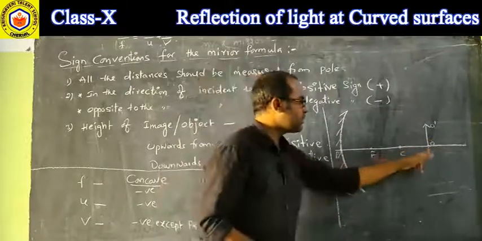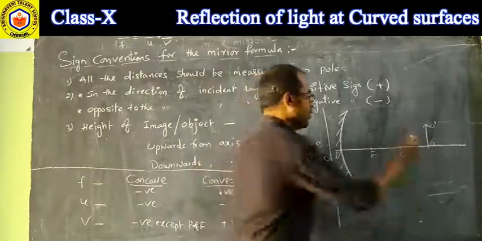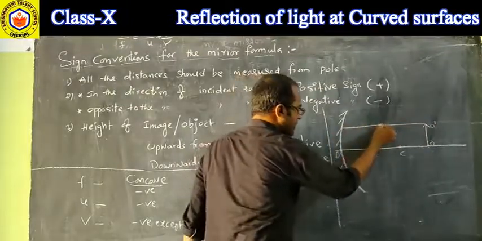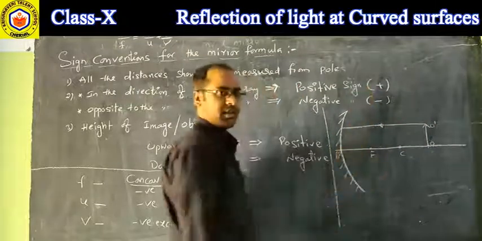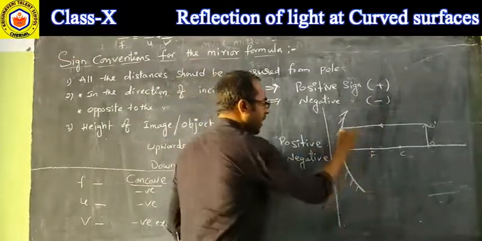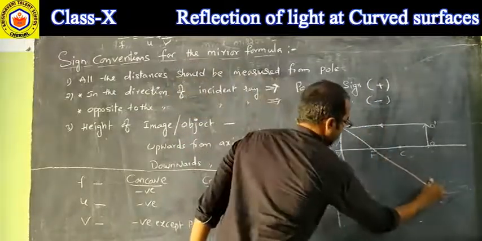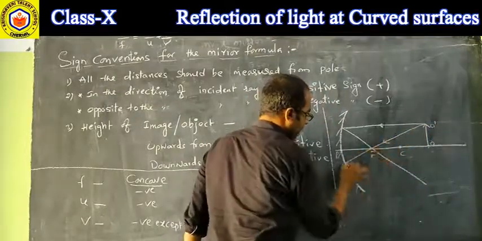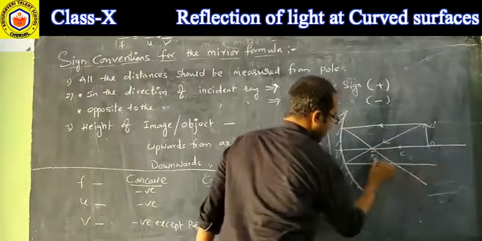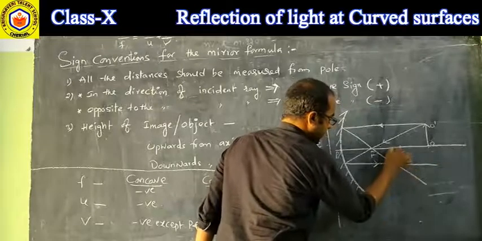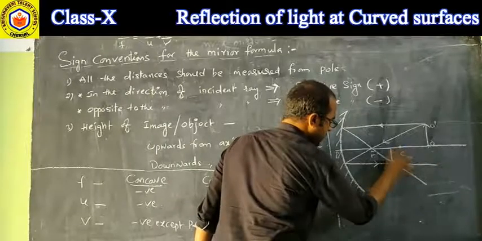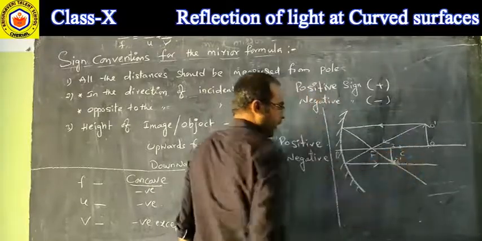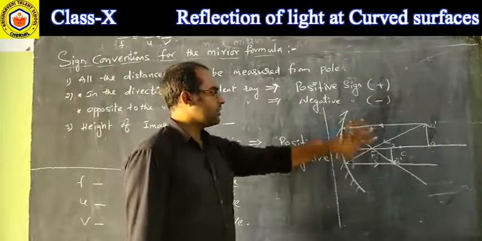If you draw the ray diagram like this, the incident ray will fall like this and there will be the reflected ray. If you take another ray, ray 2, and its reflected ray, here the image will be formed. The image is between F and C. This is I dash. So that is the ray diagram.